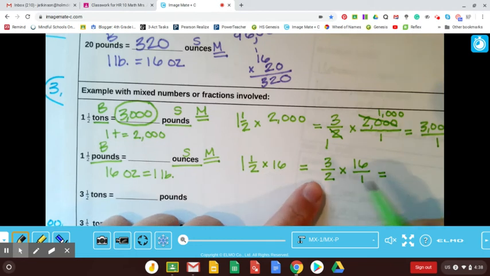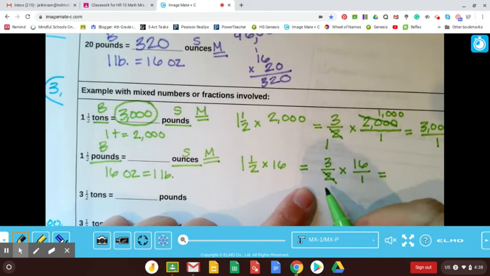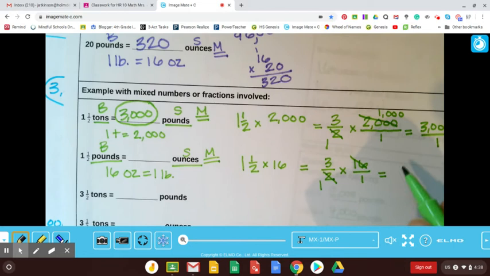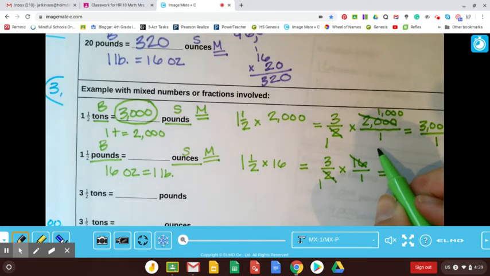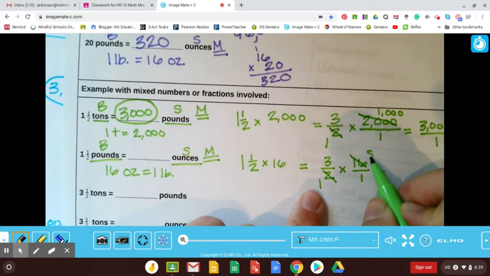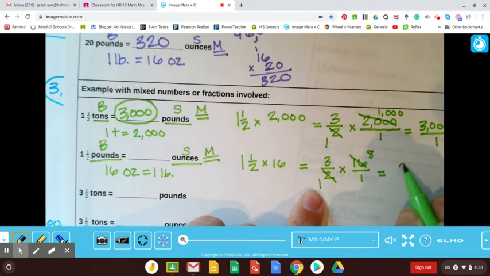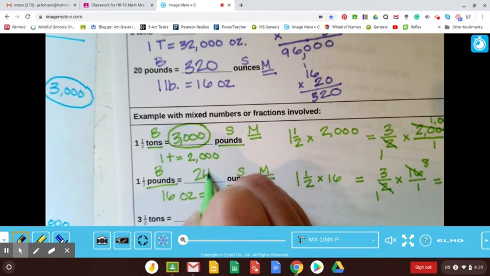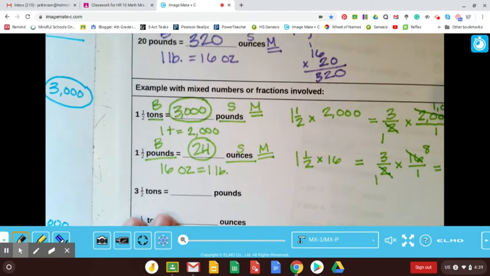Can I cross cancel anything? I can. I can divide by 2. So 2 divided by 2 is 1. And 16 divided by 2 is 8. 3 times 8 is 24 over 1 equals 24. So 1.5 pounds equals 24 ounces.